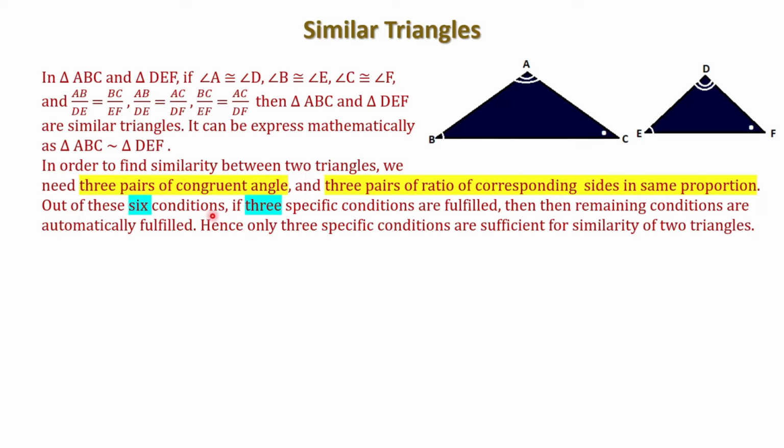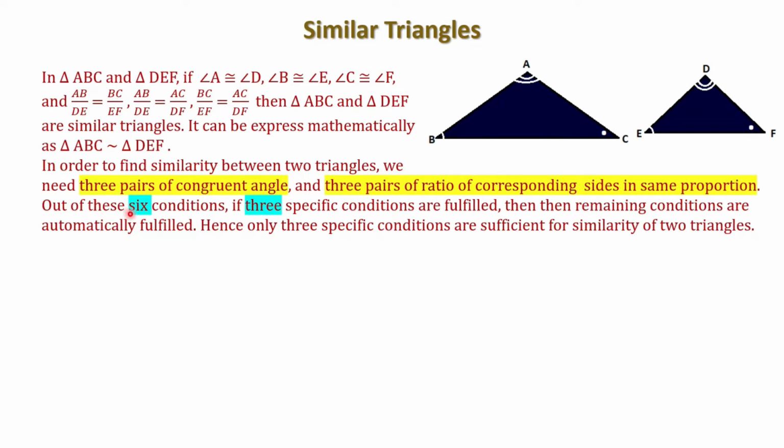Out of these six conditions, see these are total six: 1, 2, 3, 4, 5, and 6. These are the six conditions that we need to check whether the given two triangles are similar or not.